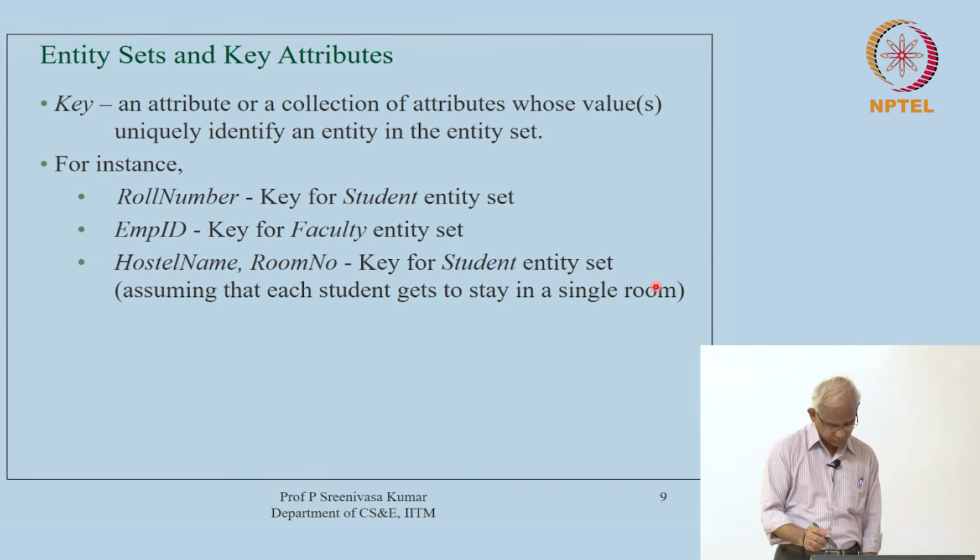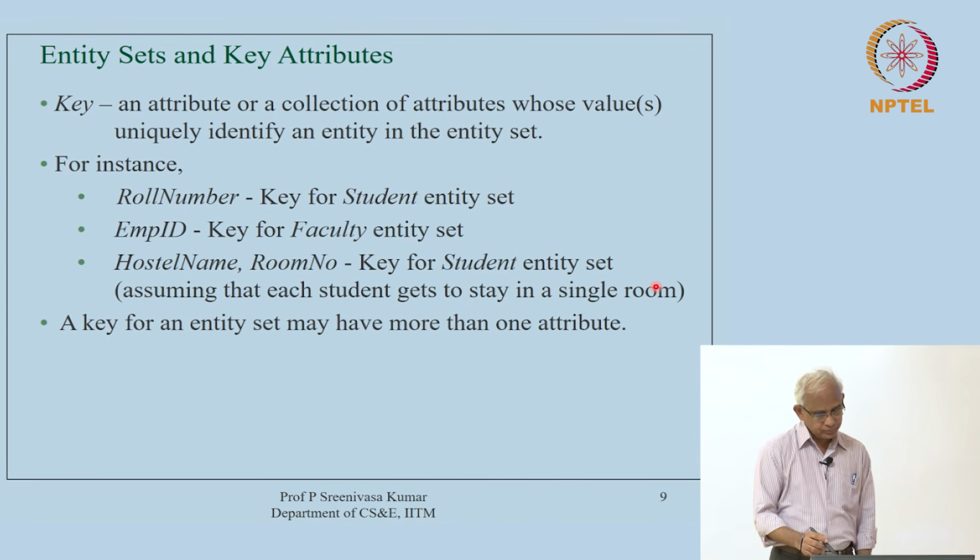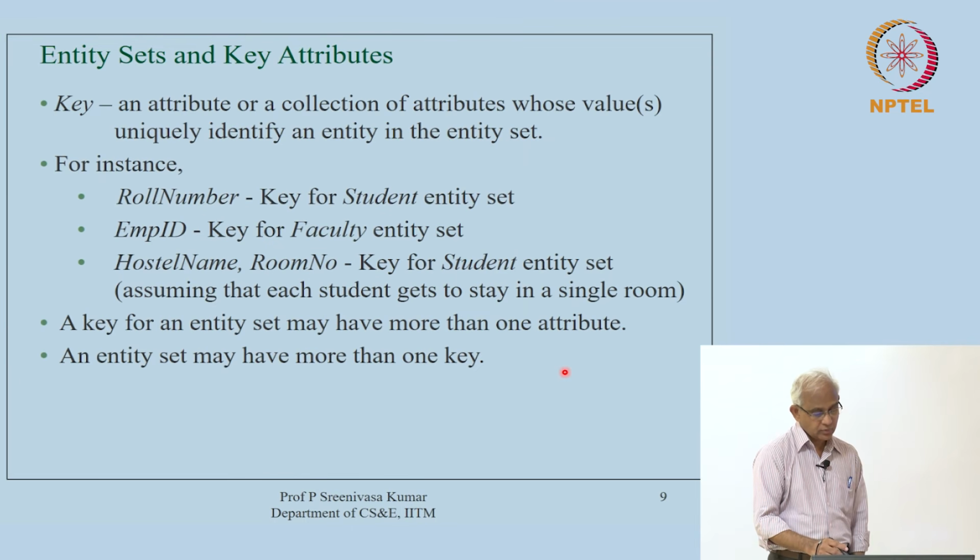Now, as I was mentioning here, a key for an entity set may have more than one attribute. For example, here hostel name and room number are two attributes, and also an entity set may have more than one key.